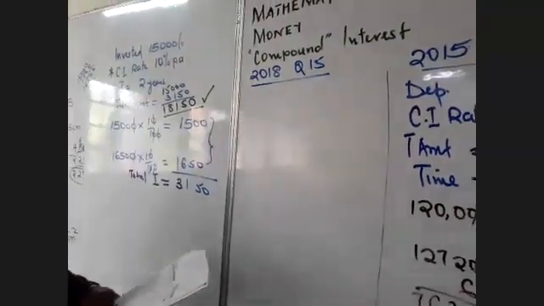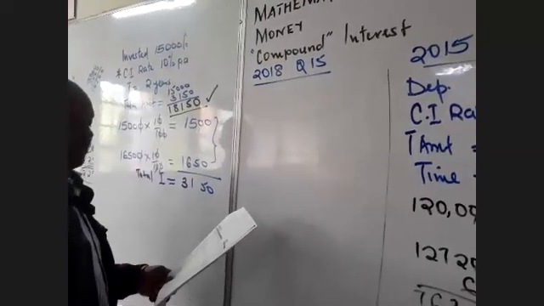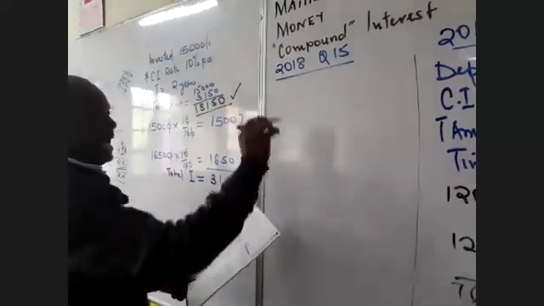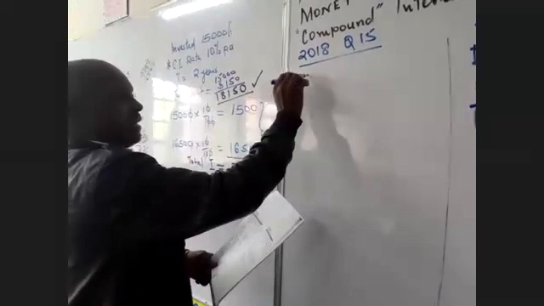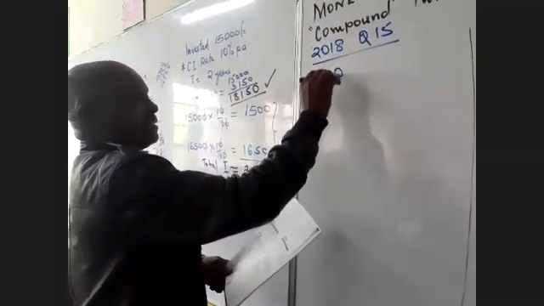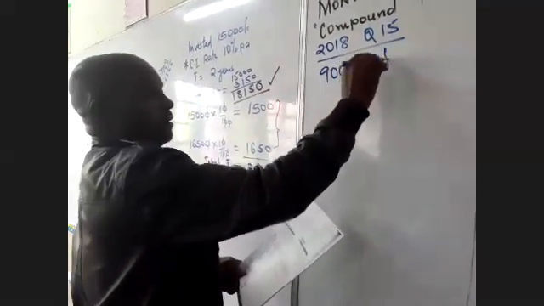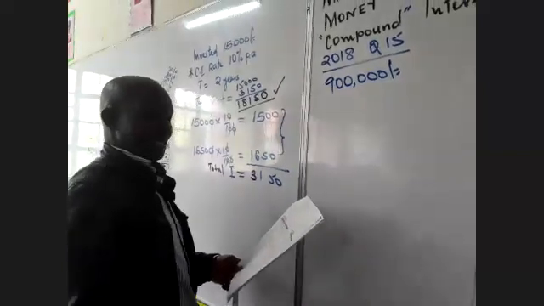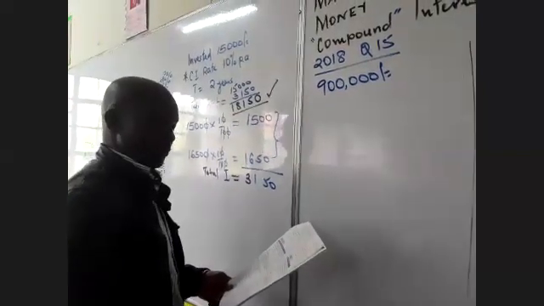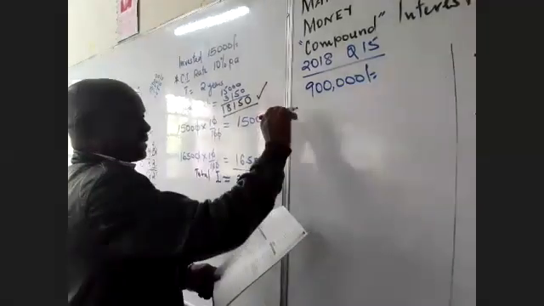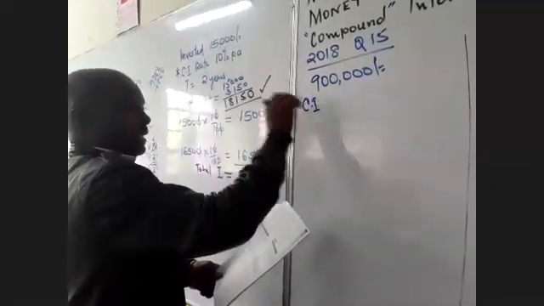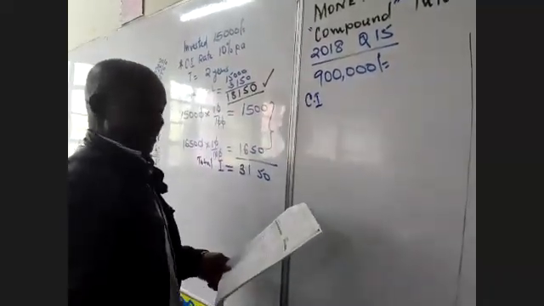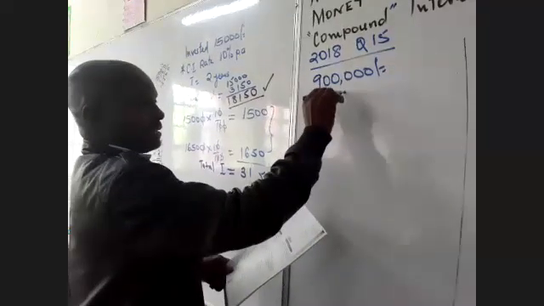Year 2018, a businessman saved 900,000 in a fixed deposit account which earned compound interest at the rate of 15%.